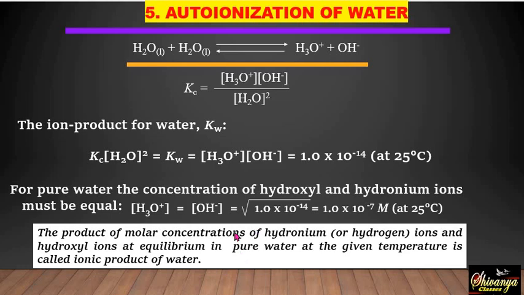Okay, you don't need to just recall or memorize the formula, just understand it. Kw is equal to the product of molar concentration of hydrogen ion and hydroxyl ion of pure water at a given temperature, called the ionic product of water.